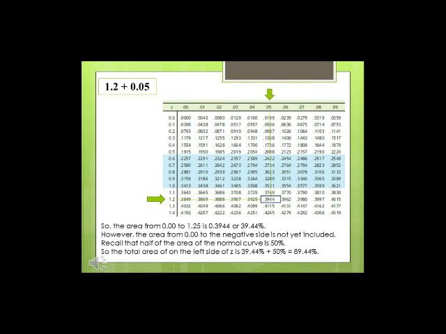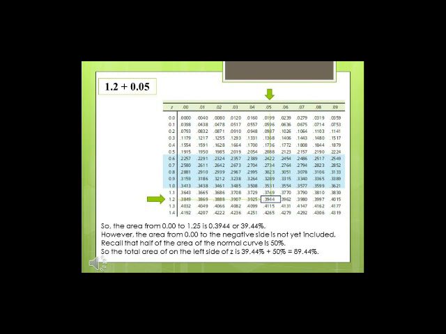Meanwhile, let us find the number 0.05 on the first row of the table. After doing so, let us find the four decimal numbers at the intersection of 1.2 and 0.05. As you can see on the slide, the intersection is 0.3944 or 39.44%.